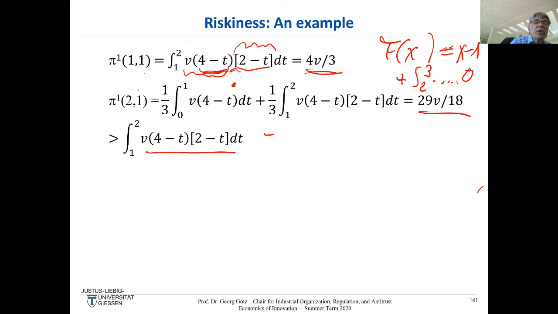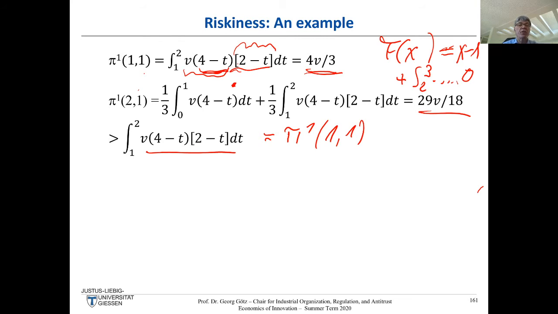This would be equal to pi 1,1,1. So the profit from choosing the safe technology is lower than the profit from choosing the risky technology, given the rival chooses the safe technology.